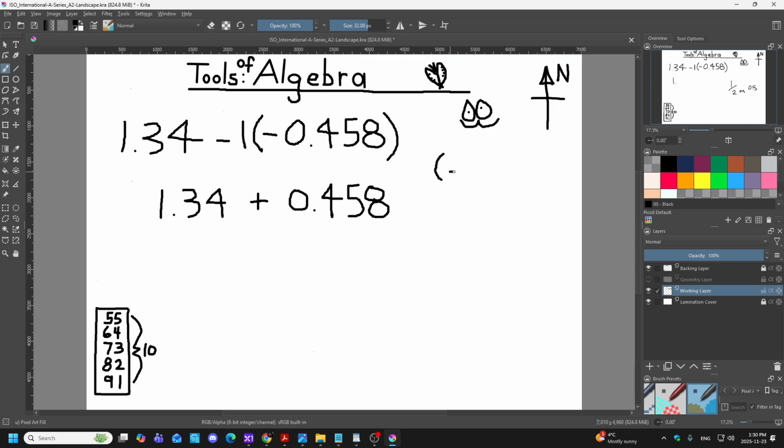Again, a negative times a negative. I could just show this simply by putting the parentheses together. That always means multiplication, equals a positive. A negative times a negative equals positive.